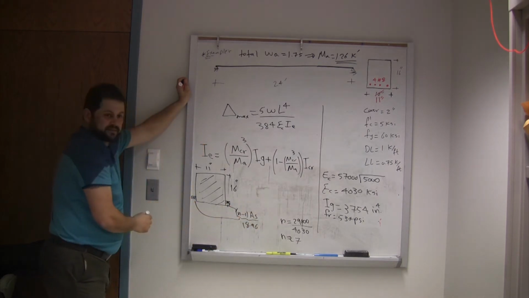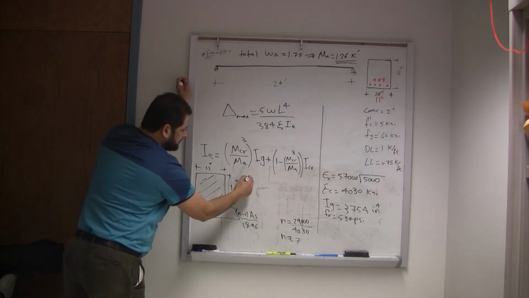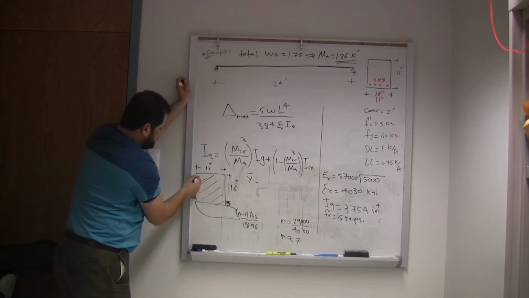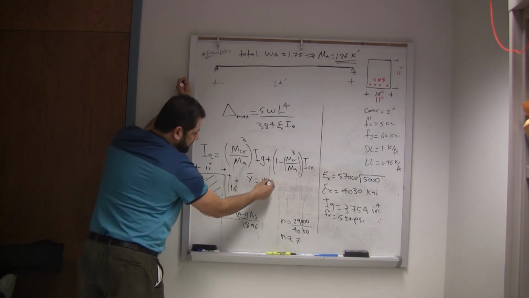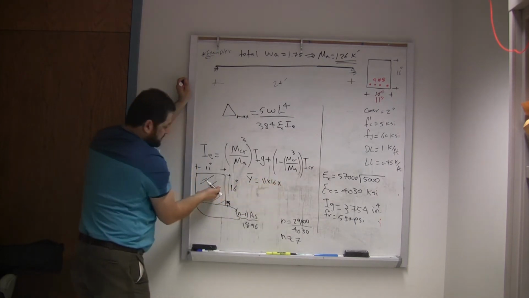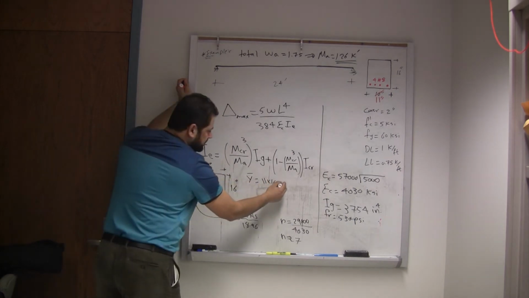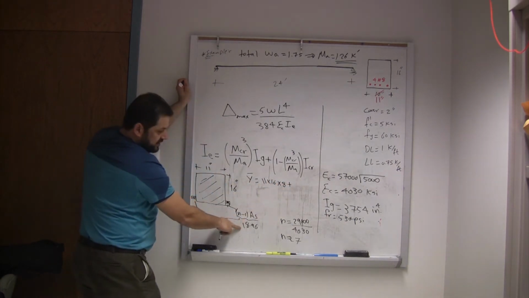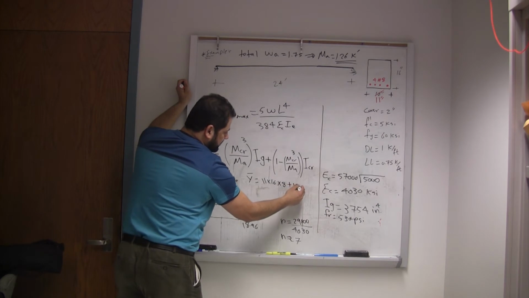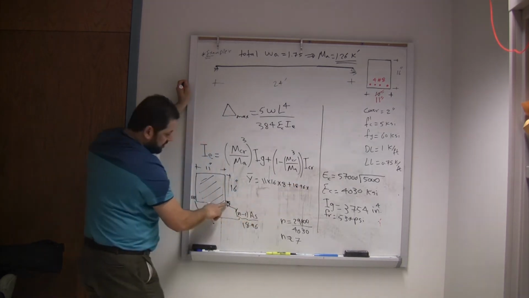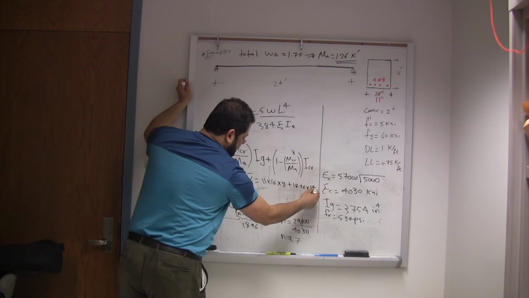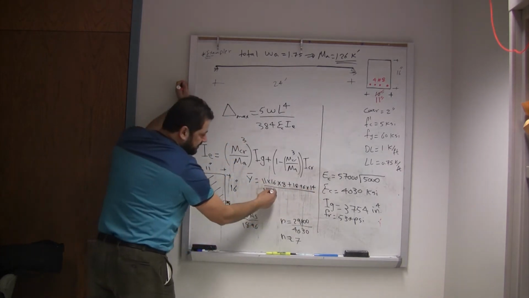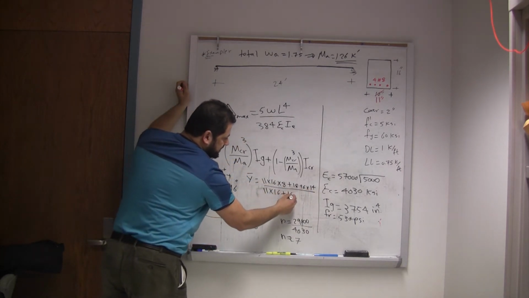Now, y bar from top equals the concrete area, which is 11 times 16 times 8, plus this area, 18.96, times the distance from its neutral axis to the reference bar, which is 14, which is d, divided by the sum of the areas, 11 times 16 plus 18.96.